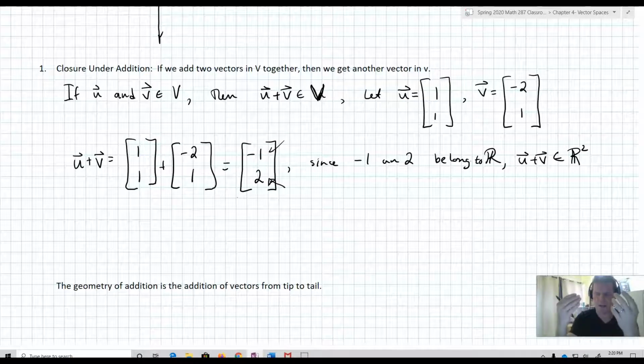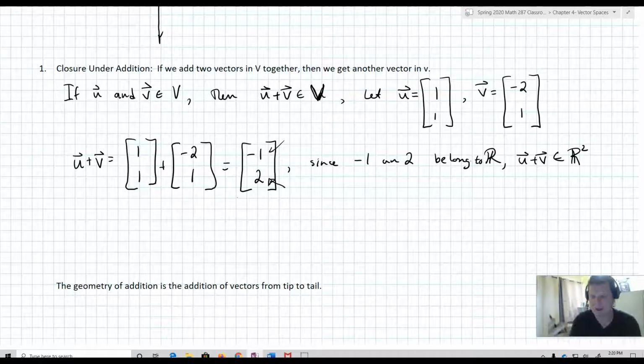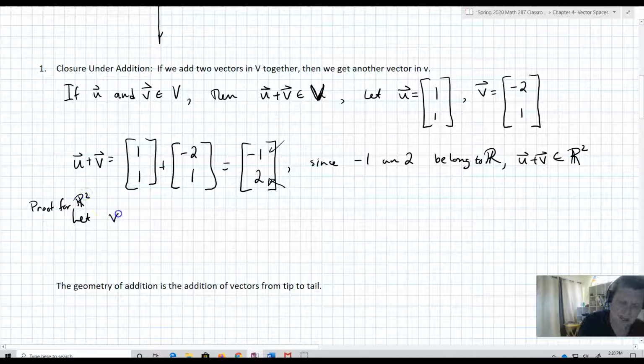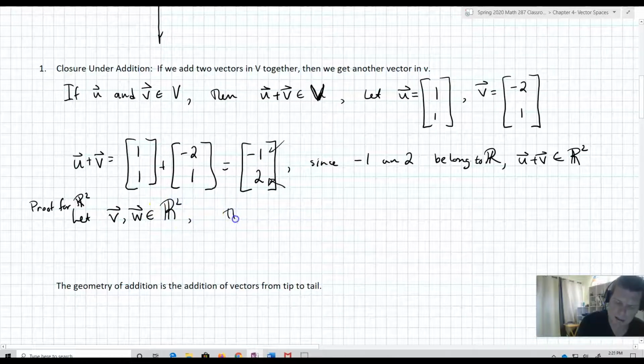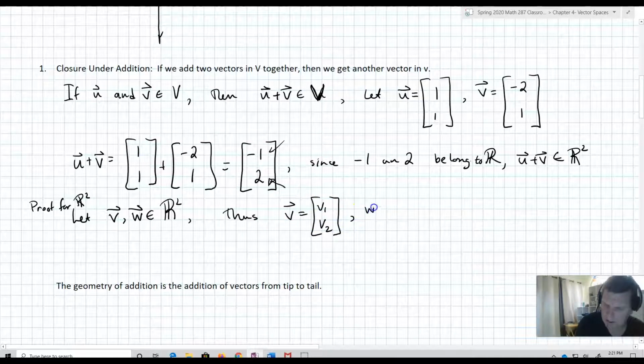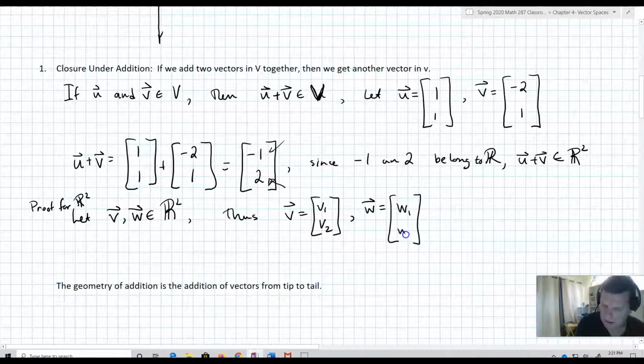Now, let's talk about it more generally, because that's only for 2 specific vectors. How do I know it's the case for all vectors in V? Well, here's our little proof for R2. We're going to let V and W belong to R2. Thus, we'll let V equal (V1, V2) and we'll let W equal (W1, W2).